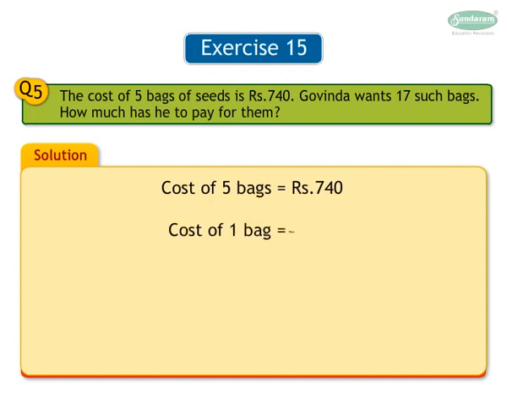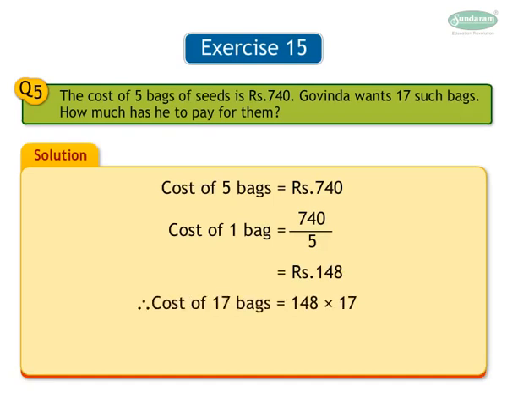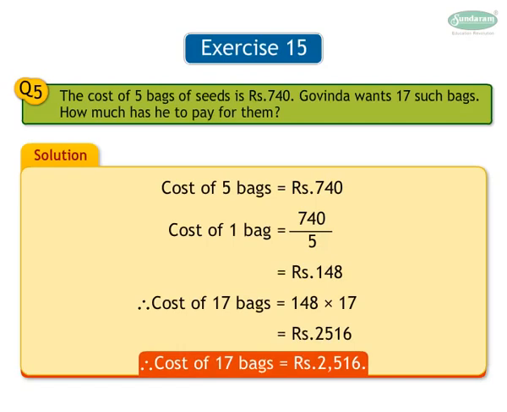Cost of 1 bag is equal to 740 upon 5, is equal to rupees 148. Therefore, cost of 17 bags is equal to 148 into 17, is equal to rupees 2,516.